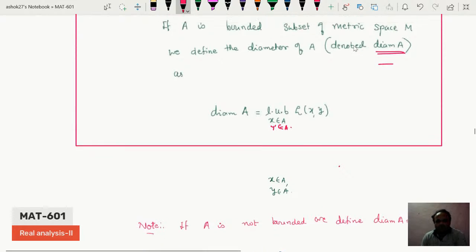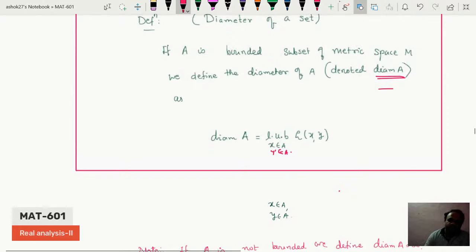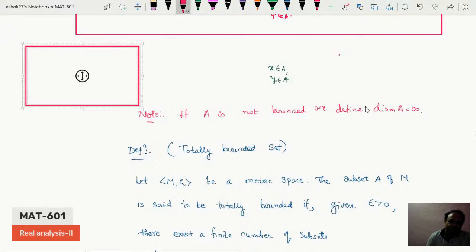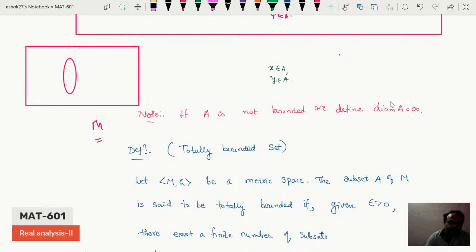So what is the diameter of set A? Suppose M is a metric space, and you take A as a subset of M. The diameter of A is the longest distance between any two points.